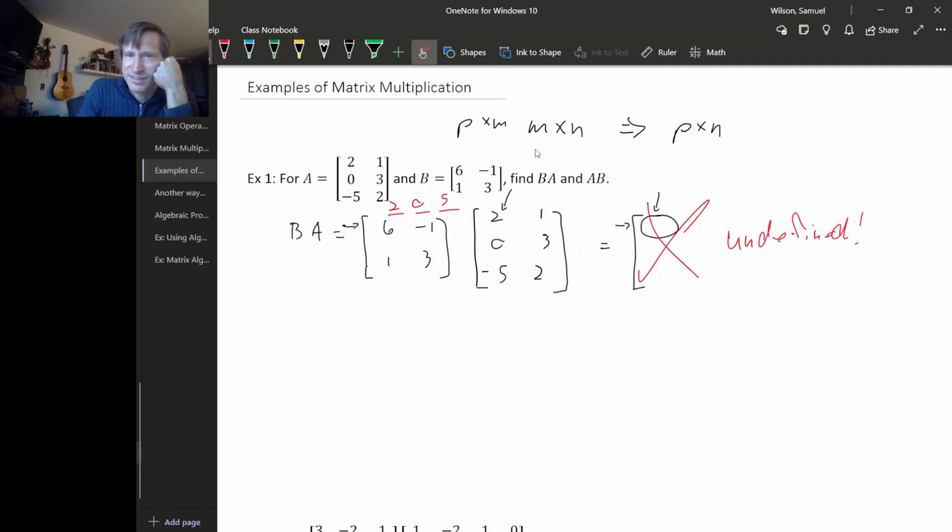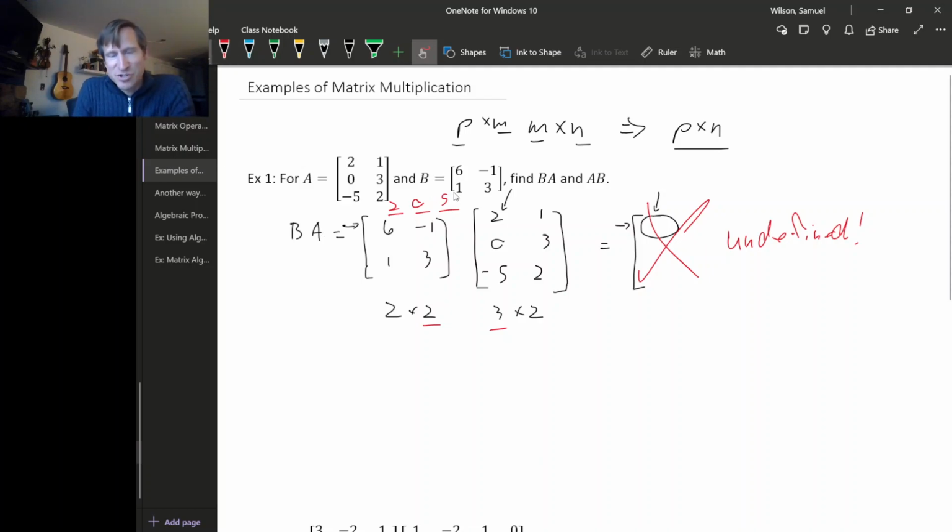So what happens to the sizes is, first of all, the inside sizes have to match, and then they get used up when you do the product because of the summing that you do. And so the remaining sizes are p and n, and so you get a p by n. Well, these sizes are 2 by 2 and 3 by 2. These inside sizes don't match. So that means that this matrix product is undefined.